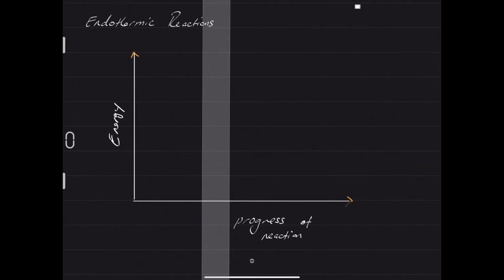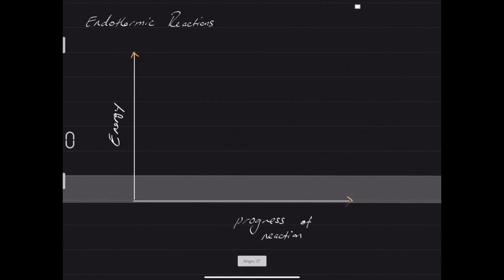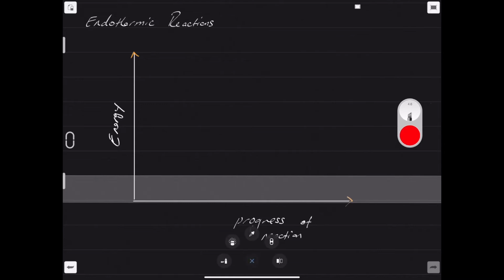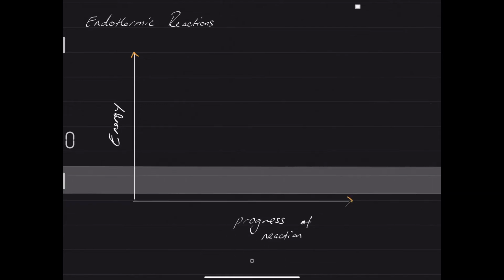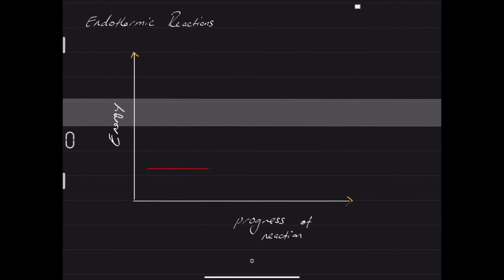As we previously looked at, we are going to represent the reactants first. Let's put this in red again. So we represent the reactants as being here, and then we say the products are here.